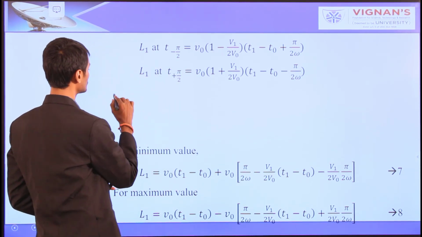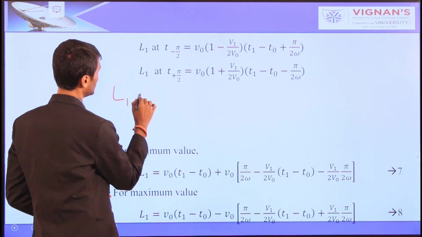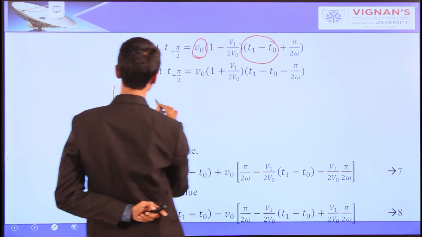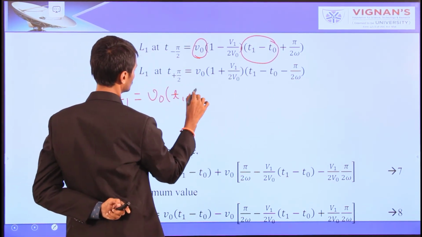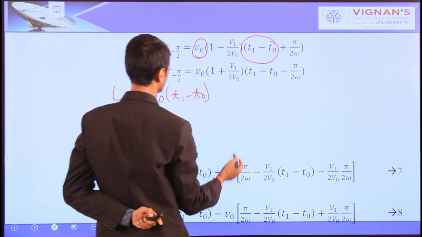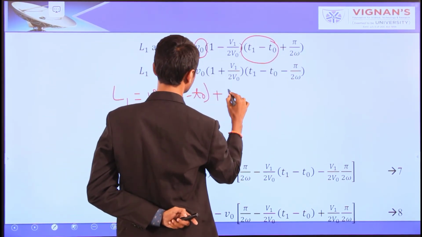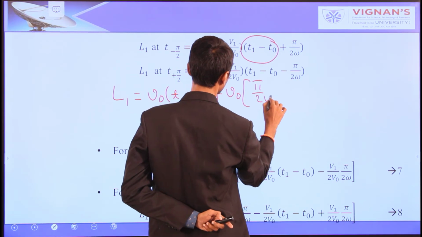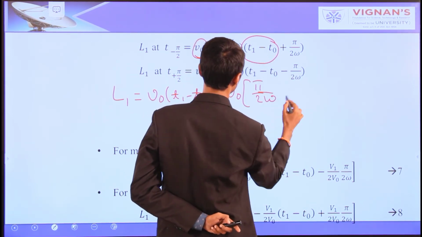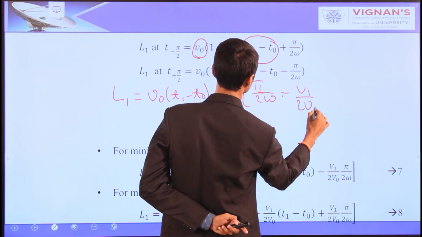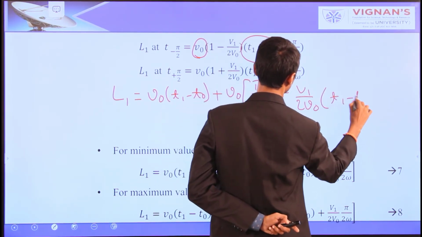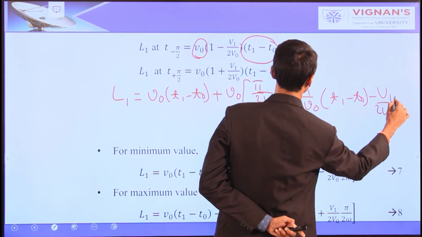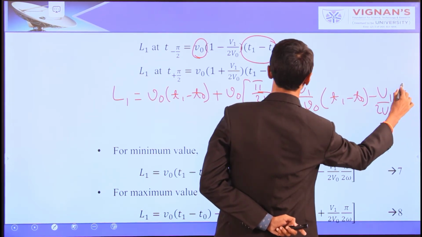So I am rearranging this equation. L1 is equal to V0 into T1 minus T0 plus V0 is common for this, pi by 2 omega, minus V1 by 2 V0 into T1 minus T0, minus V1 by 2 V0 into pi by 2 omega.